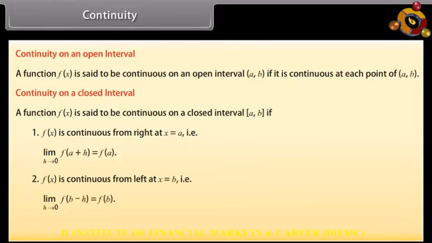That is, limit h approaches 0 of f(b - h) is equal to f(b). 3. f(x) is continuous at each point of the open interval (a, b).